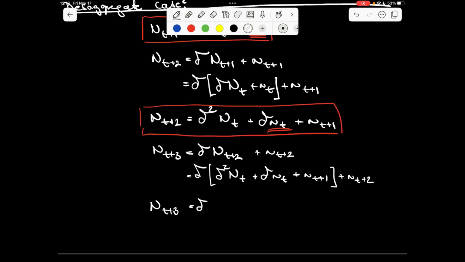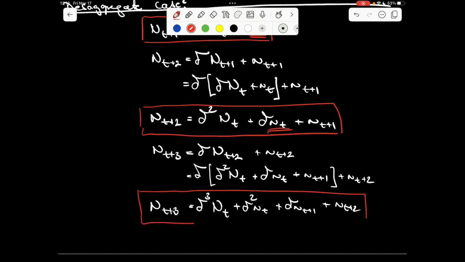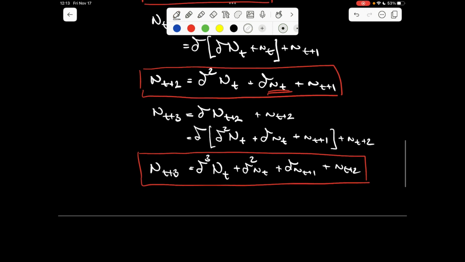So, and this is the third period, as the household predicts labor force in period t+3. Oh geez. So we have the third prediction, and we can continue. It's easy to generalize.